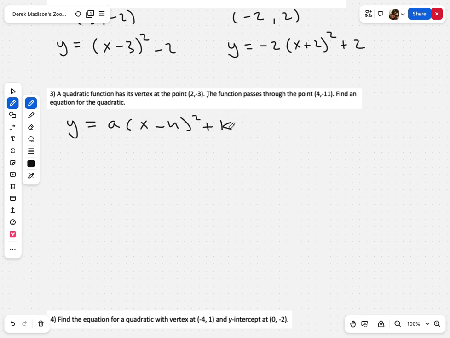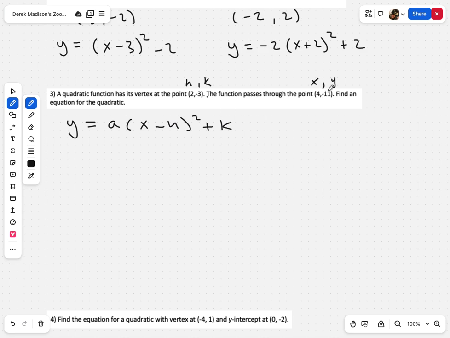To find the equation of a quadratic in vertex form, I need the vertex and I need the stretch. I have the vertex, there's my h and k. They gave me a point (x, y) that's going to have to satisfy this equation. So that's 4 of the 5 variables. If I plug all those in, I'm able to figure out what a is.